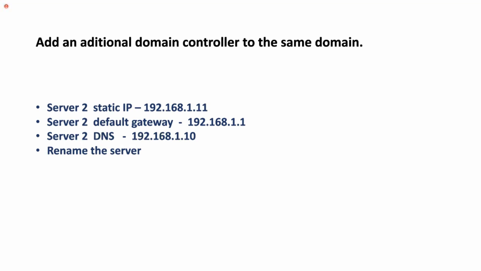I put a static IP for this server too. Okay. I put the static IP as 192.168.1.11, and the default gateway is 192.168.1.1, and the DNS server is 192.168, and I rename this server as Himansa server 2.